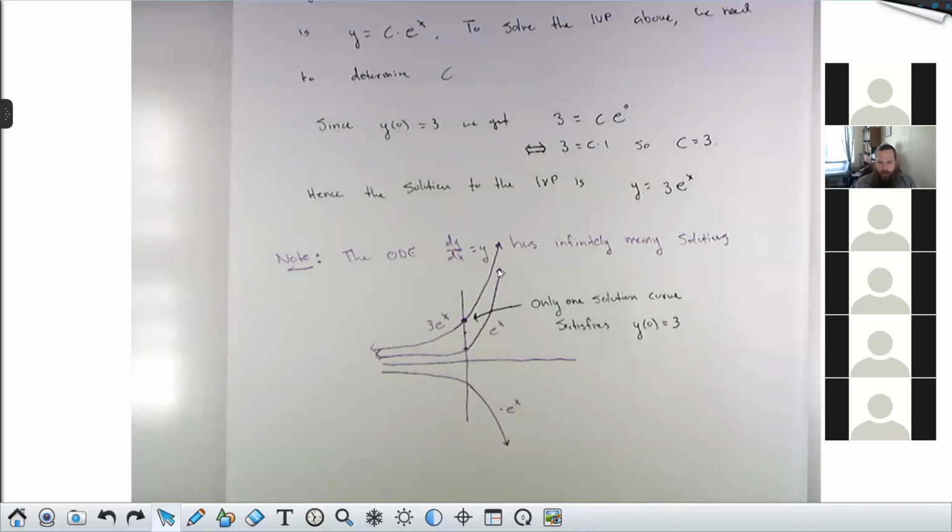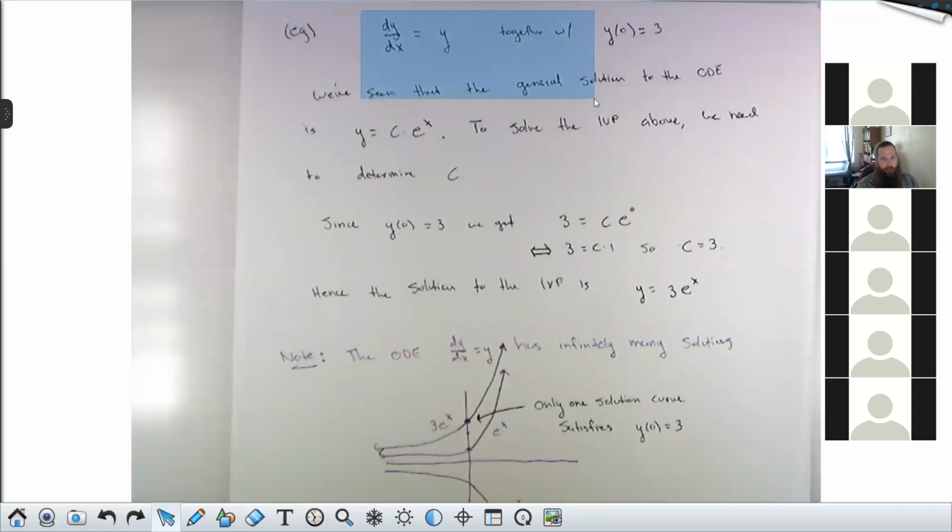Are we feeling comfortable with this idea? So that's what we mean by uniqueness. Existence: is there a solution? Yes. Uniqueness: is there one solution? The answer to is there a solution to this differential equation is yes, many of them, infinitely many. The answer to is there a solution to this initial value problem, that same ODE together with the initial condition that y of 0 is equal to 3, is yes, and there's only one.